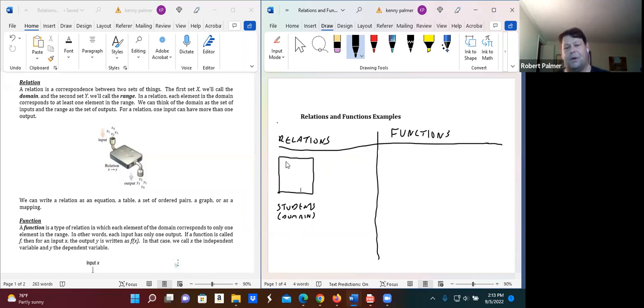I'm not going to be really creative with the names. So we have Bob, Liz, and Tom. And then our outputs, our range, are the classes they choose, classes they will attend. So this is our domain, this is our range.